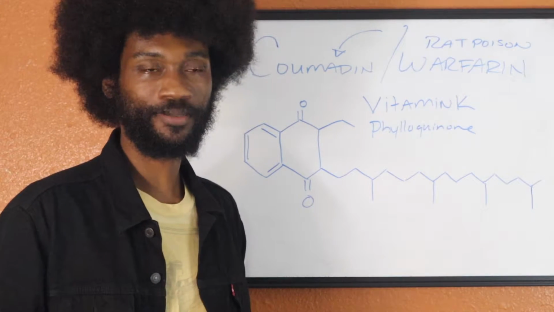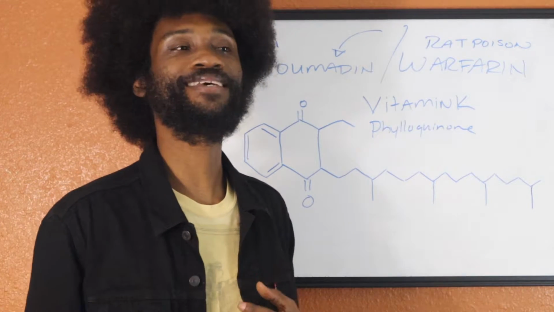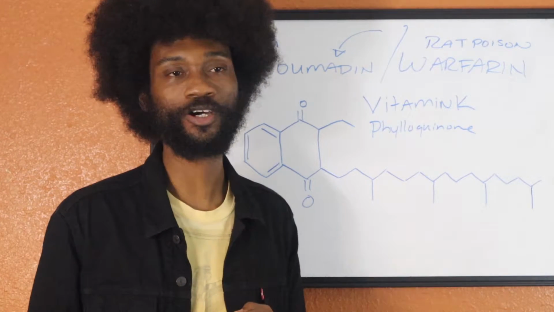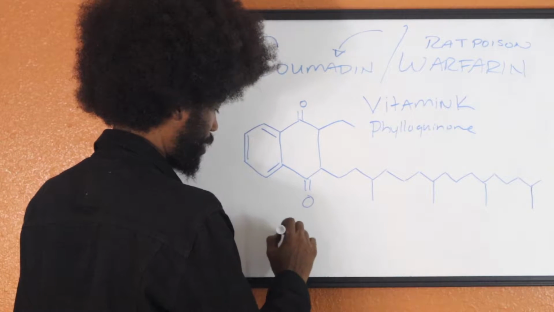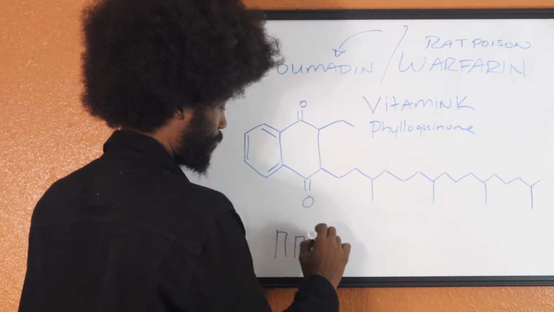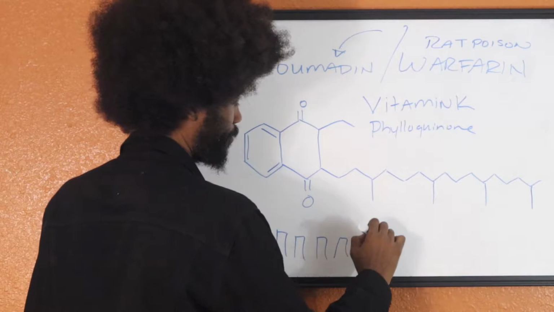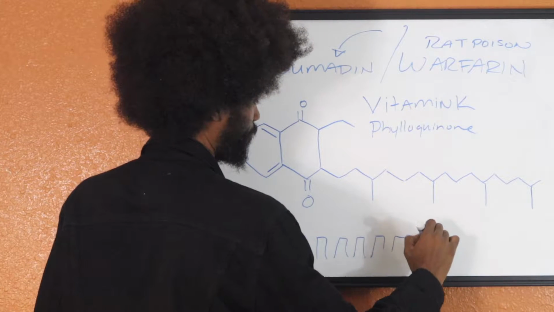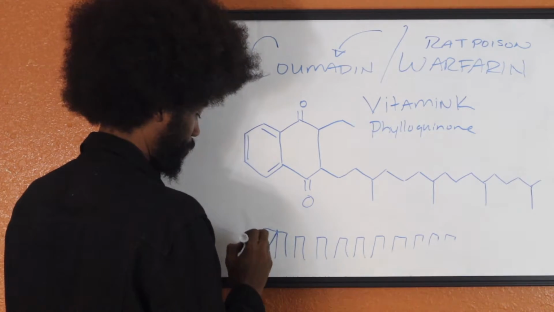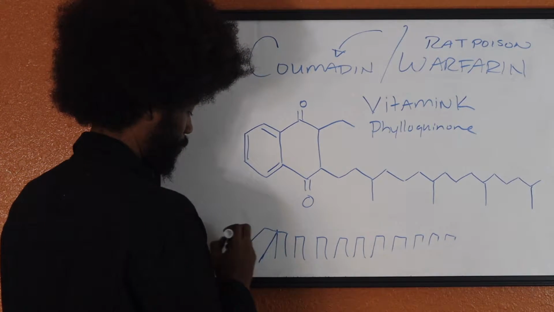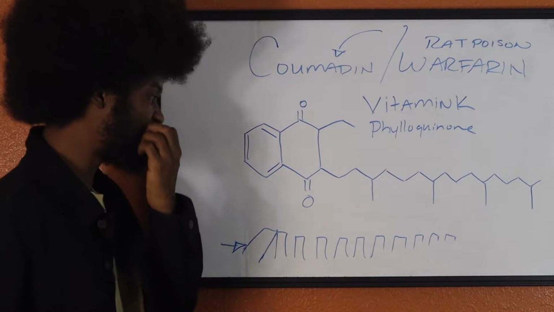coagulating the blood. There's something called the coagulation cascade. A coagulation cascade is a series of events, just like dominoes.